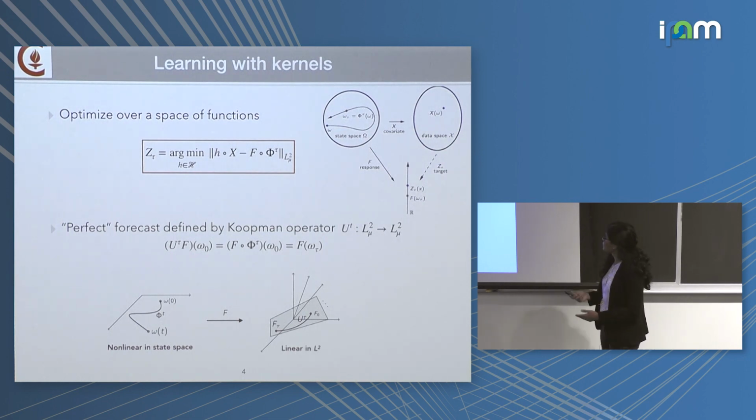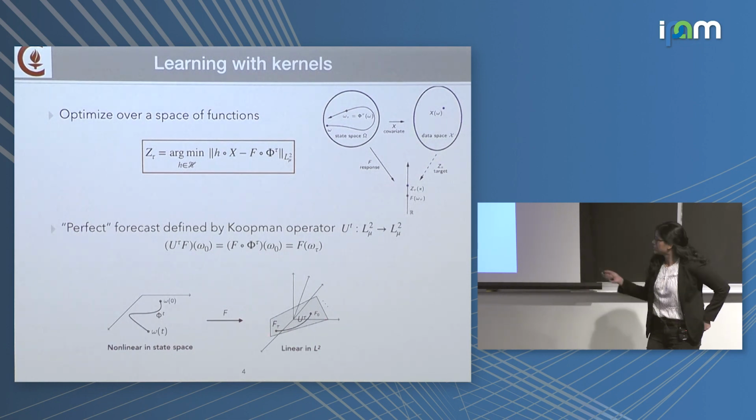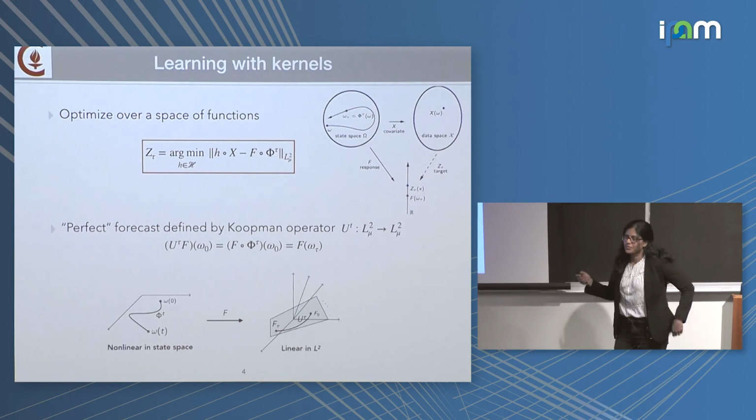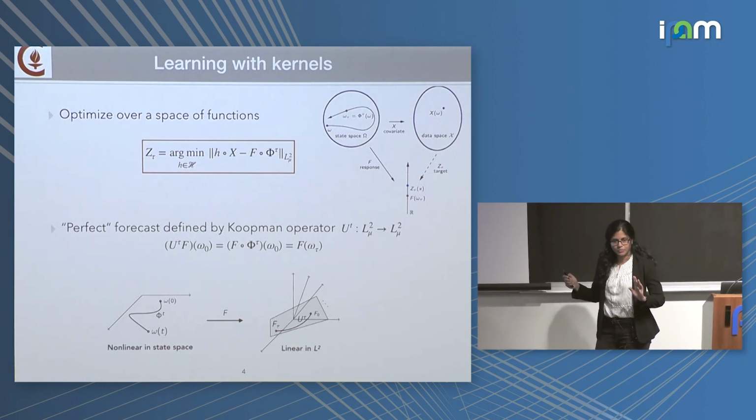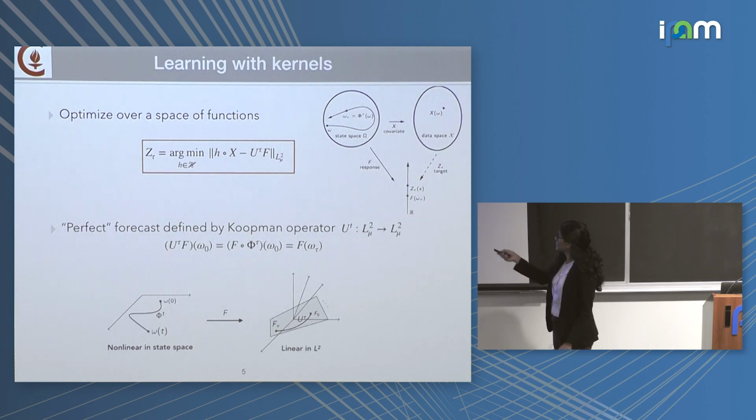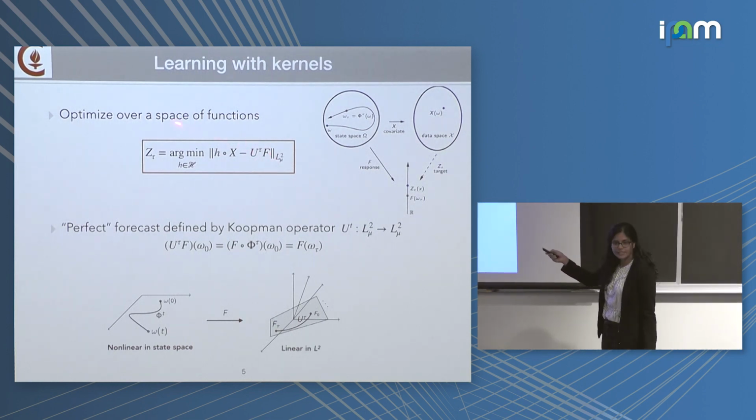So this is a useful concept because although we have an unknown nonlinear flow map in state space, by lifting to this function space, we have a linear operator acting on the response in L2 that we can use to define our idea of what the prediction should be. So here we just rewrite the objective as this.